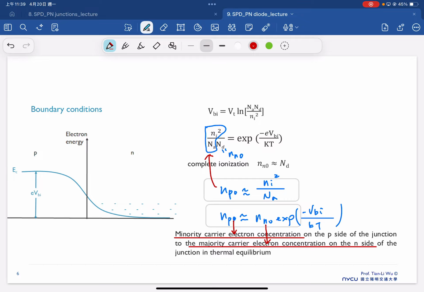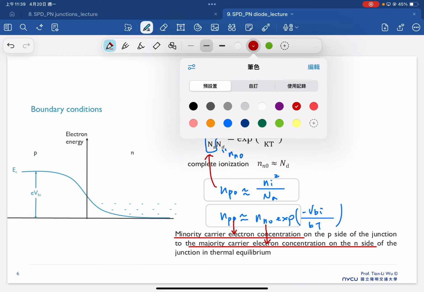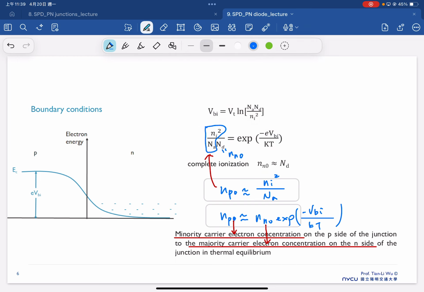To make it a little clearer for you, this equation provides us, for the P and N, that PN0, the minority carrier concentration on the N side, can also be estimated from the majority carrier concentration.